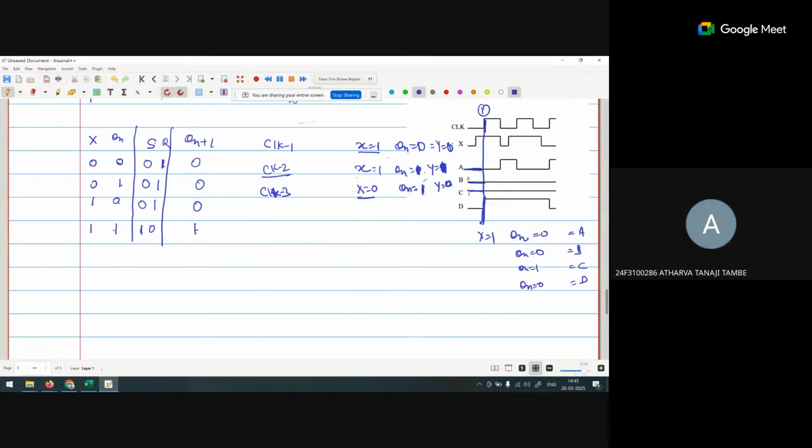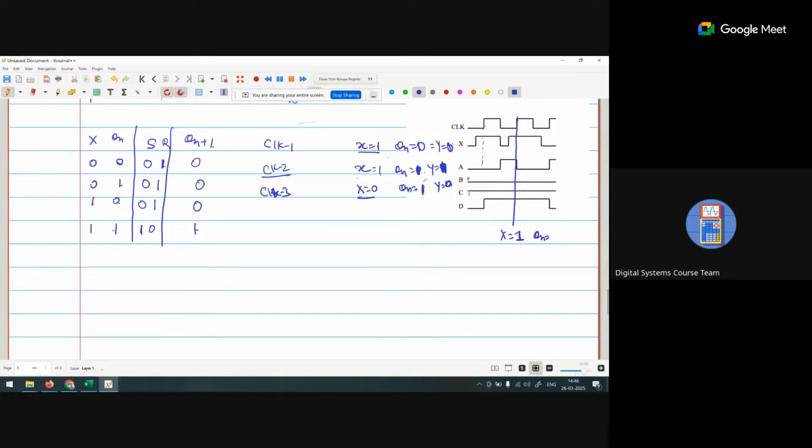Yes, sir. Can you explain the second clock? Yes. This is my second clock. Now, what is the value of X? One. Now, what is Qn? It is from the previous clock pulse.